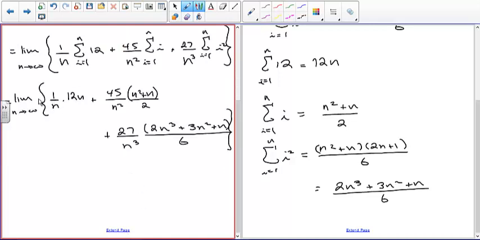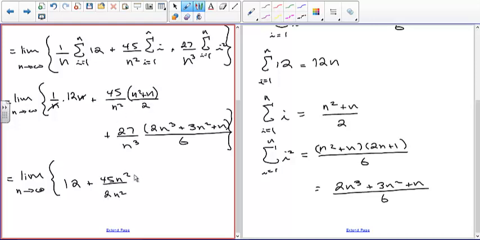Now before we take the limit as n goes to infinity, we're going to simplify each one by trying to cancel out stuff that we can cancel out. So here we have n divided by n is just 1, so you get 12. Here we'll get 45 n squared divided by 2n squared.